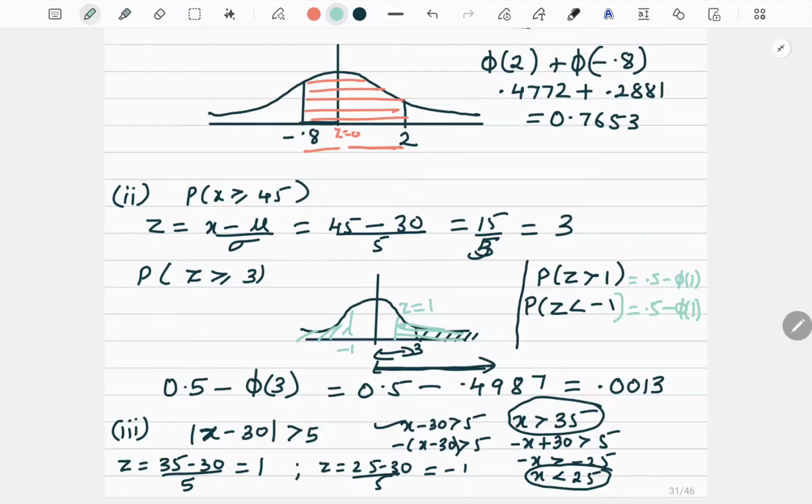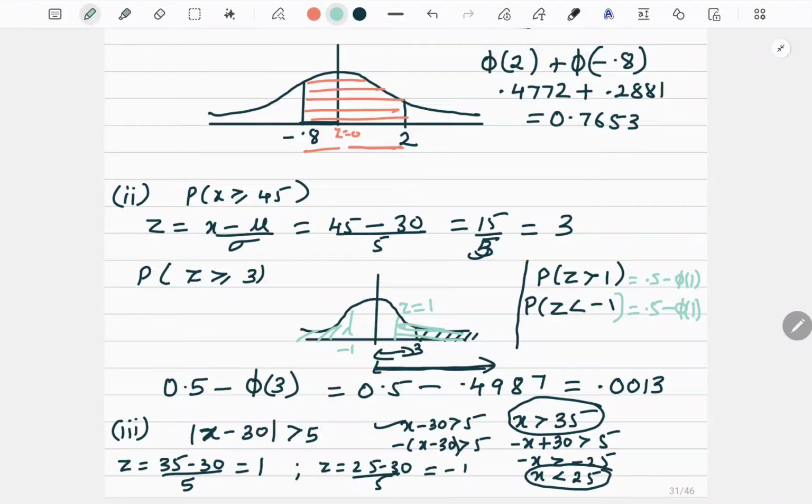Now see, the marks of 1,000 students in an examination follow a normal distribution with mean 70. So mu is equal to 70 and standard deviation is equal to 5. Find the number of students whose marks will be less than 65.